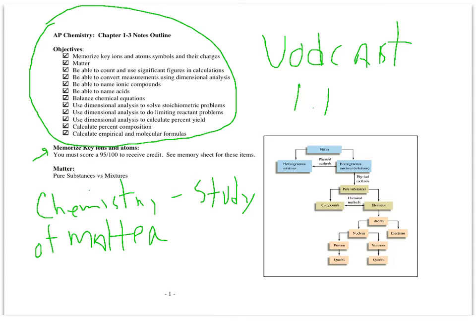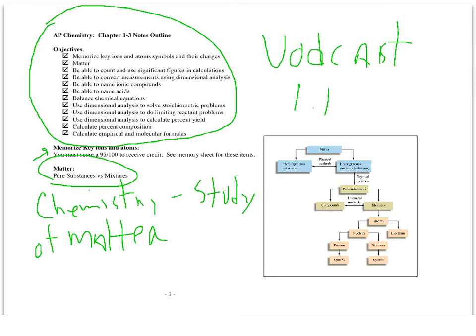Now, matter can exist in a couple of different combinations. And this is where we start talking about pure substances and mixtures. So if we look at pure substances, they can only be separated by chemical means. So you'd have to do a chemical reaction to break the chemical bond.